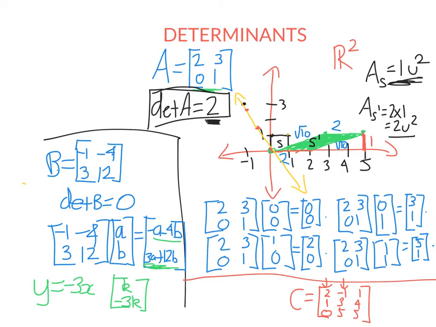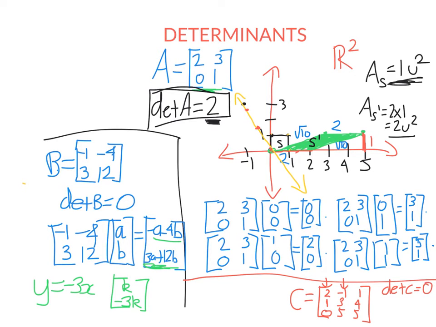So this one has 2 linearly independent columns, so its columns span 2 dimensions, even though it's a 3 by 3 matrix. So it would also have determinant of 0.